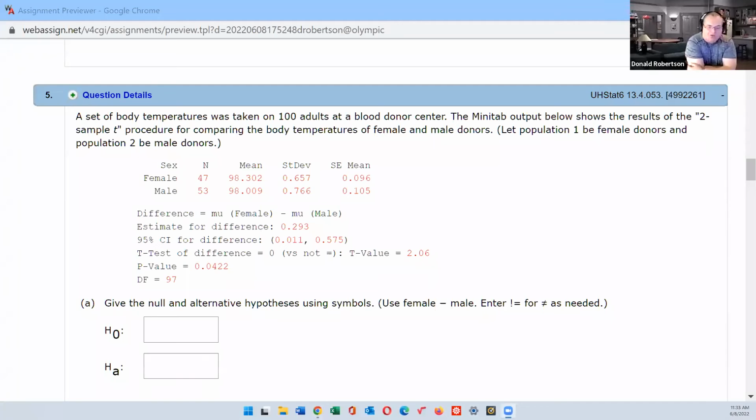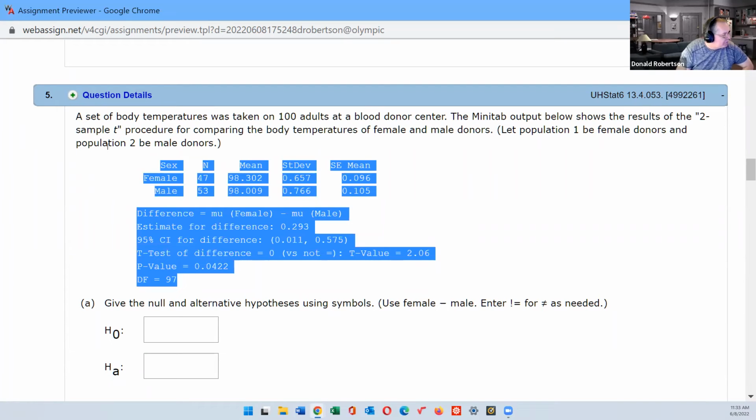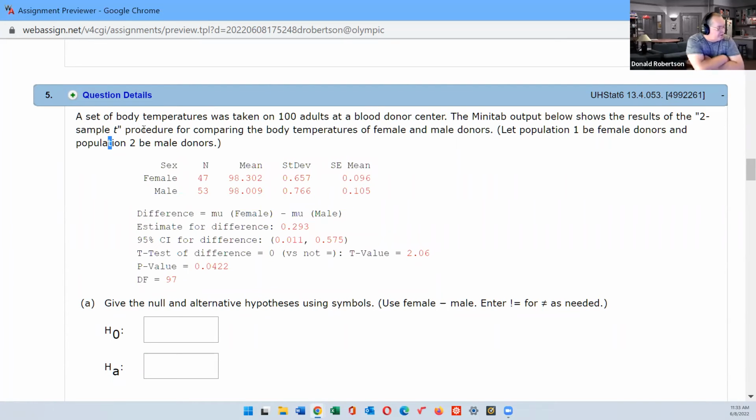Now, in question 5, you have a whole load of data at the top here. So let's see the context. A set of body temperatures was taken for 100 adults at a blood donor center. And this is done by a piece of software called Minitab. You know, Salt does the same kind of thing.